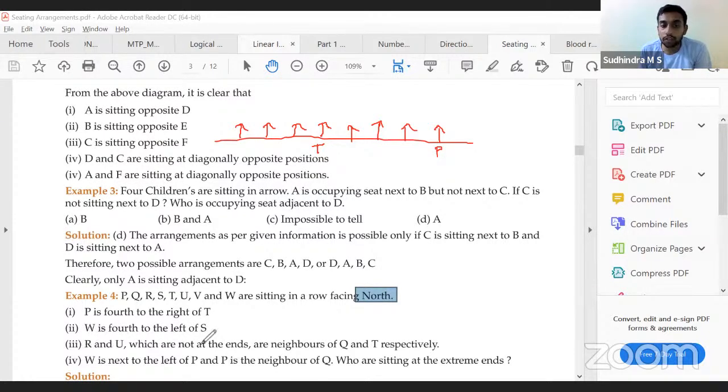Then W is fourth to the left of S. With regard to W, they are saying W is next to the left of P. So obviously W should sit here.